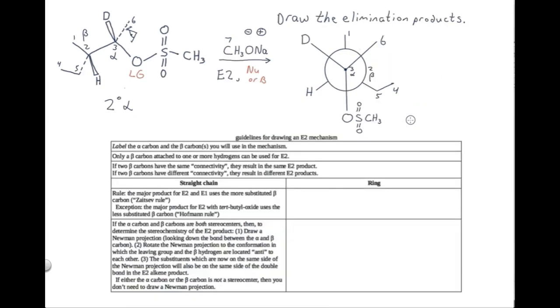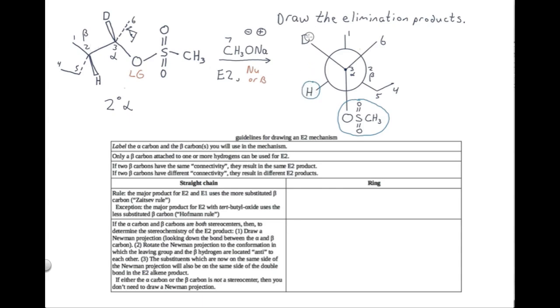Now our goal is to focus on the leaving group and the beta hydrogen. So remember, our leaving group is the sulfonate. Here's our sulfonate leaving group. And the beta hydrogen is this hydrogen, because this is the hydrogen attached to carbon 2, the beta carbon.